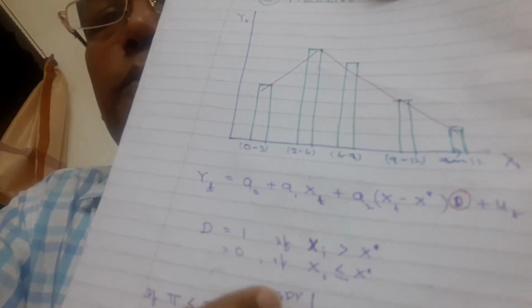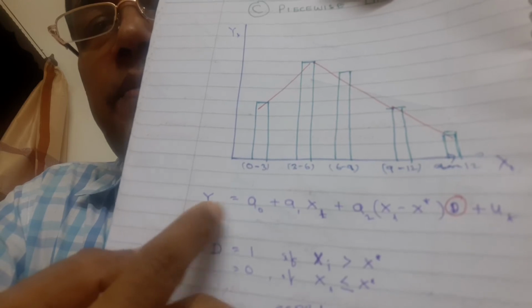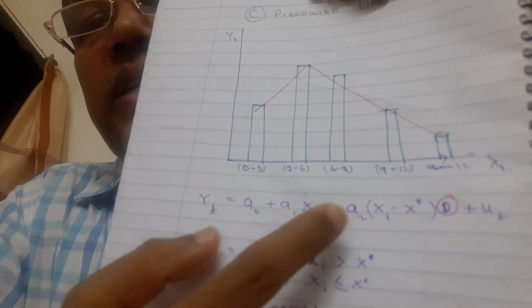If you want to calculate that threshold inflation, we can use a special type of regression known as piecewise linear regression. I can specify that piecewise linear regression this way. Of course, there can be many variables influencing economic growth, but for simplicity I am using only one variable.